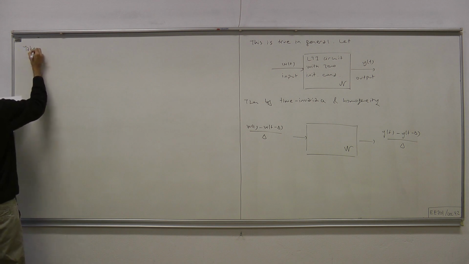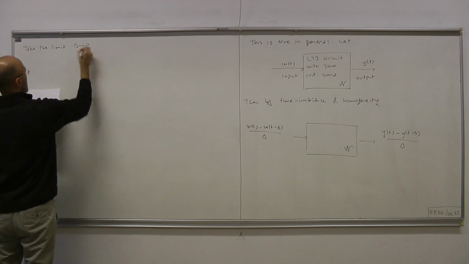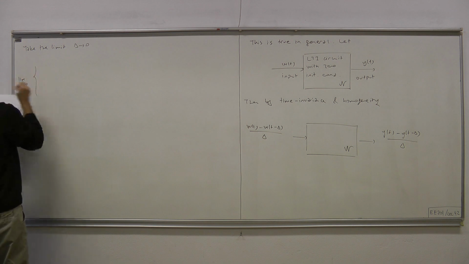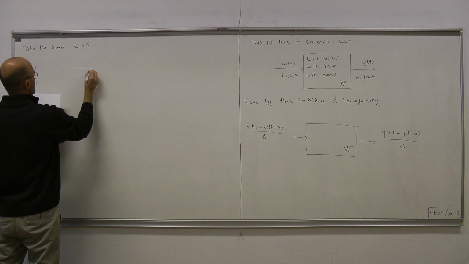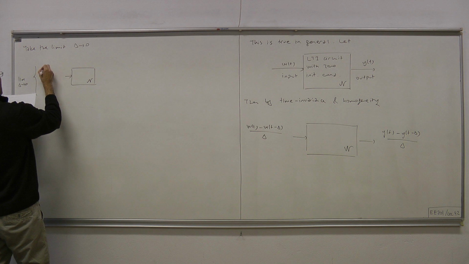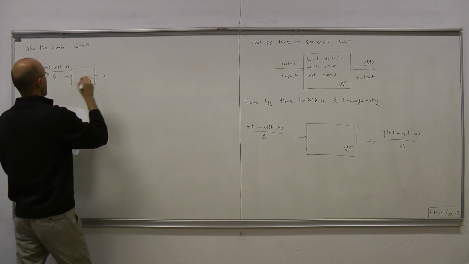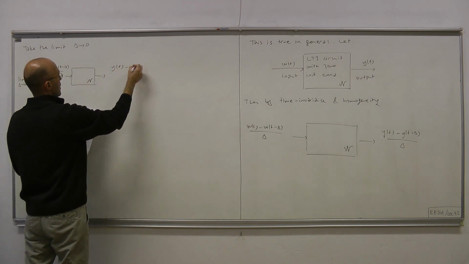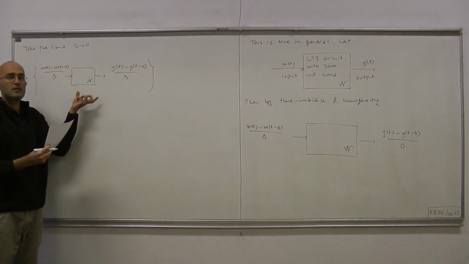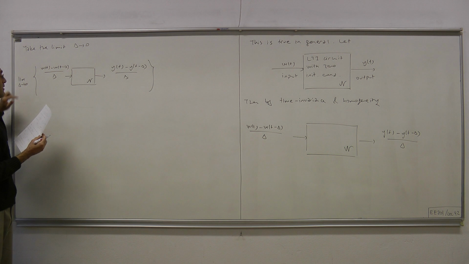So take the limit delta goes to 0. The input is w(t) minus w(t minus delta) over delta, and at the output we see y(t) minus y(t minus delta) over delta. And what we're doing is we're looking at the situation under this limit delta goes to 0.